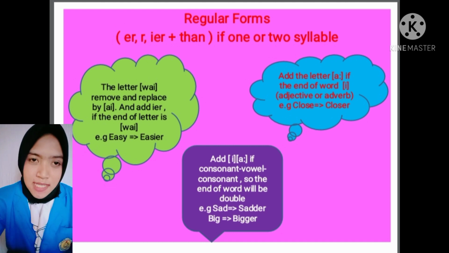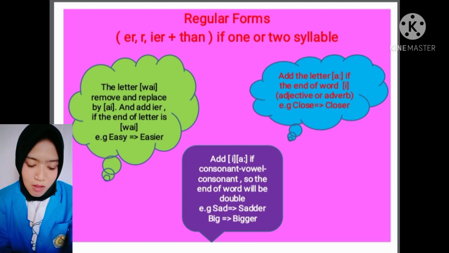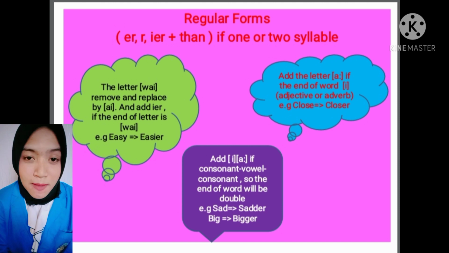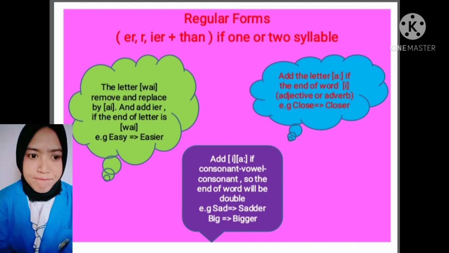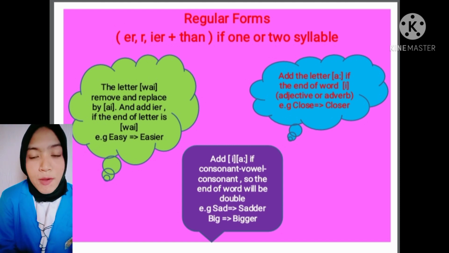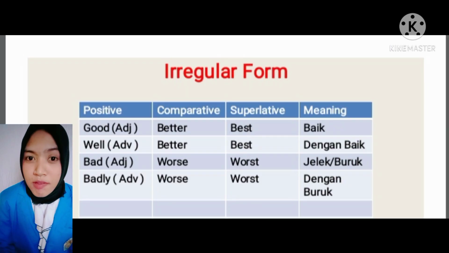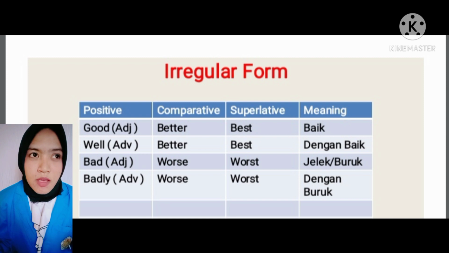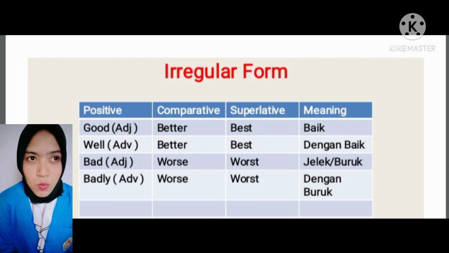Okay, let's continue to the example of degree comparison. Oh, wait. But if it is regular form and there is irregular form like good, in positive degree, in comparative degree, it will be better, and in superlative, best.